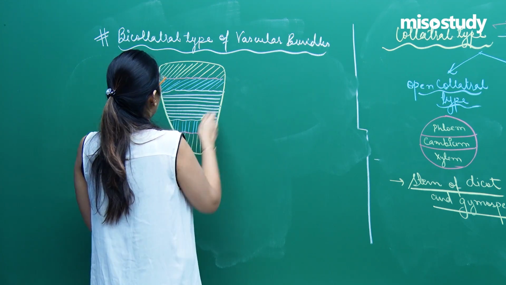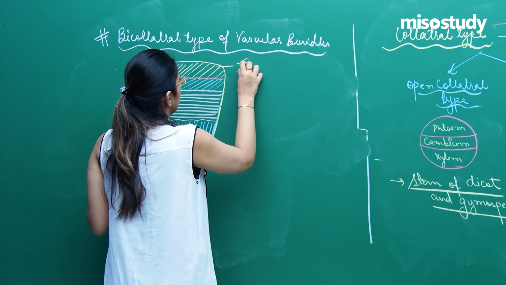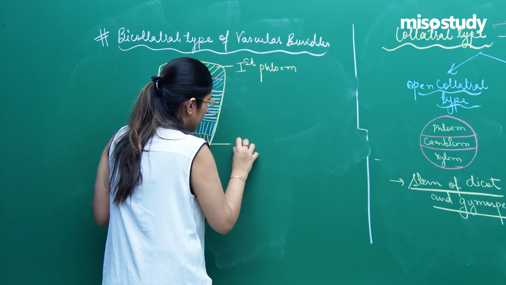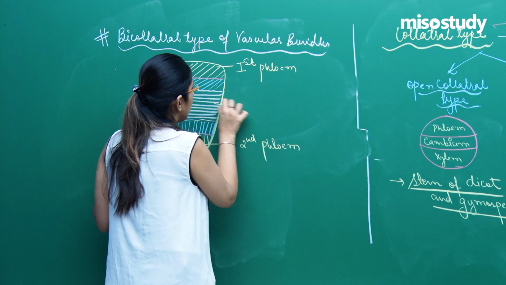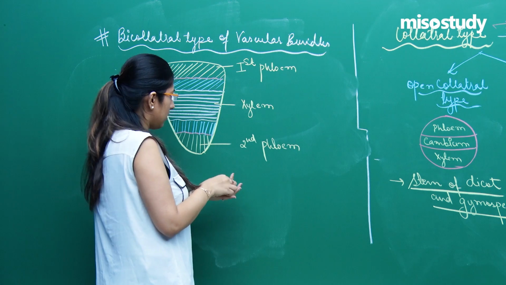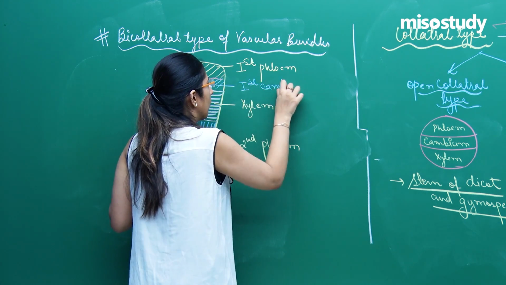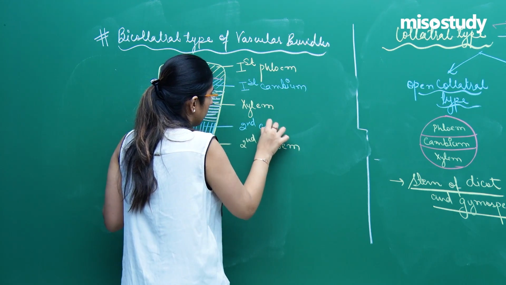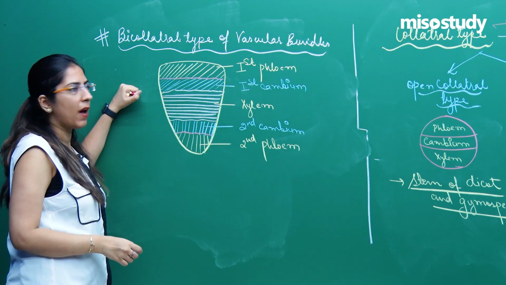Outermost we have this, the first phloem, this is the second phloem, in the center we have xylem, this is the first cambium, this is the second cambium. Such type of arrangement is called a bicollateral type.